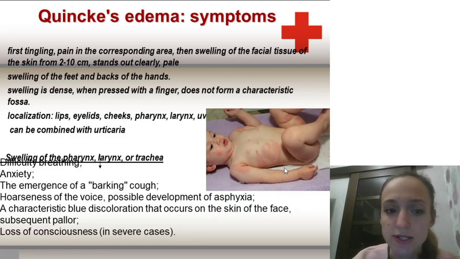Localization: lips, eyelids, cheeks, pharynx, larynx, and it can be combined with urticaria. Swelling of the pharynx, larynx, or trachea causes difficulty breathing, anxiety, and the emergence of a barking cough.